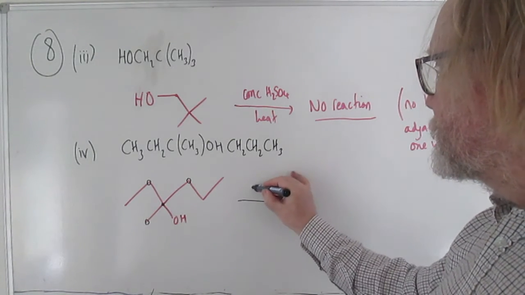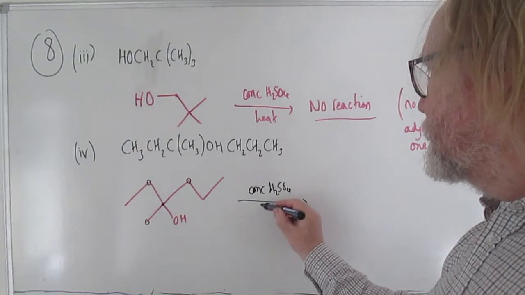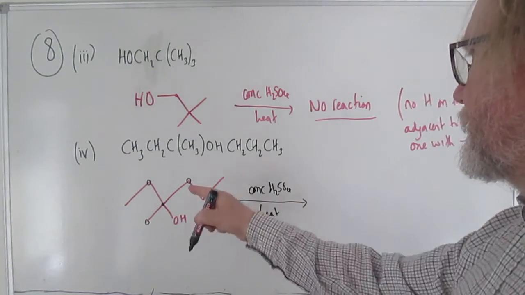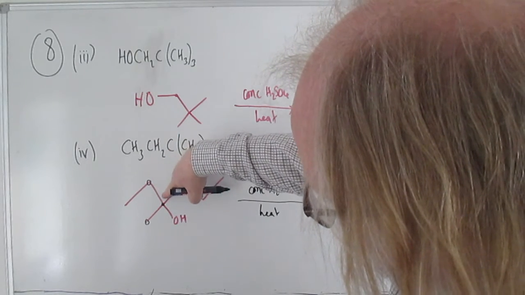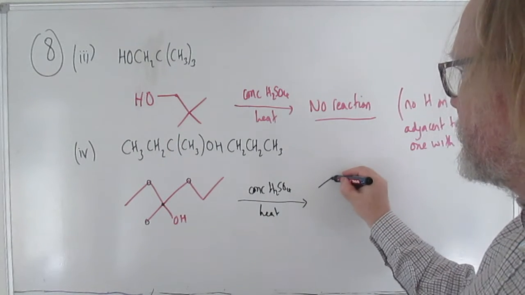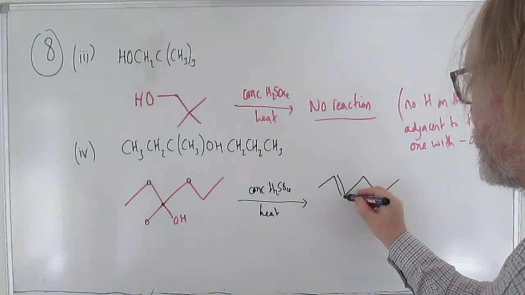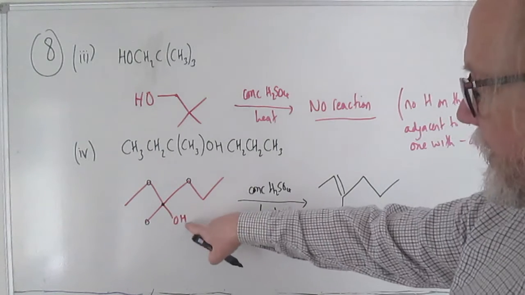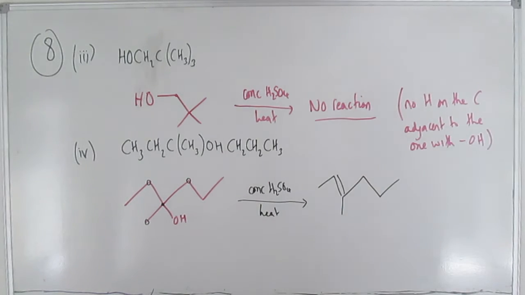So conc. sulfuric and heat. So if we lose the hydrogen from here, we're going to get a double bond there in between those 2 carbons. So that would give us this, and of course the OH has gone, so we've just got the methyl group remaining there. So that's one possible alkene.